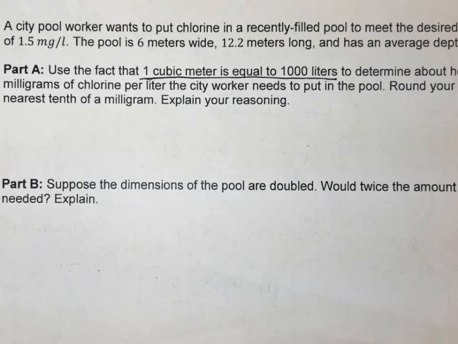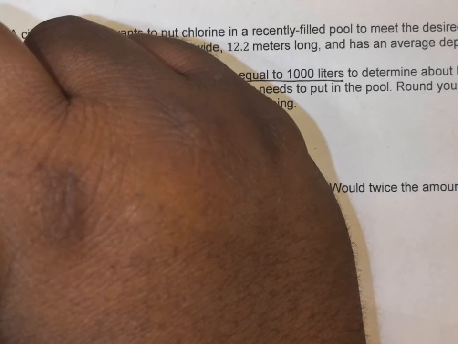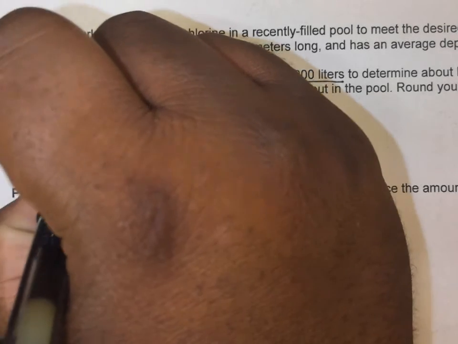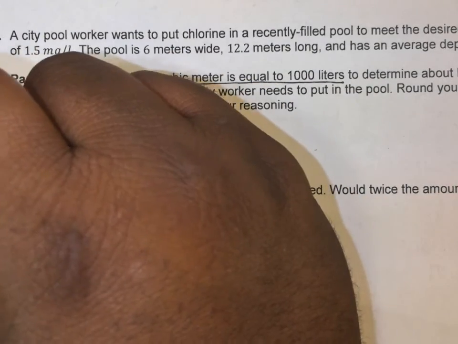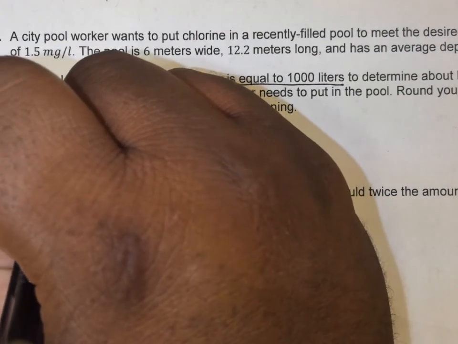What shape is a public pool usually? Rectangular prism. So we need to find the volume of a rectangular prism. They gave us measurements. Volume equals capital B times H. Volume then turns into L times W times H.